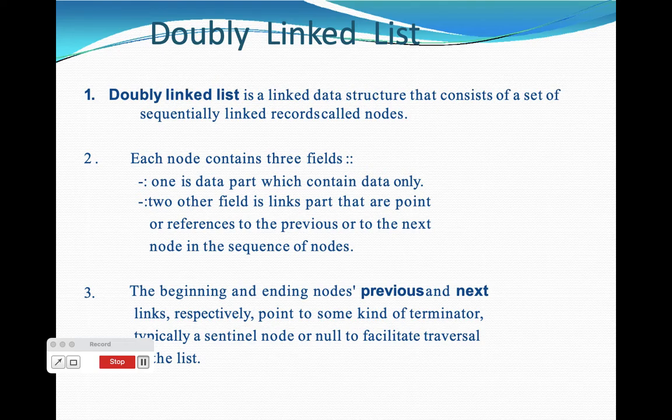Because if you can delete the pointer, then it is more efficient than the single linked list. Here you can quickly insert a new node before a given node, because you don't need to traverse the linked list, so you can easily insert the data. You can easily insert a new node here also.